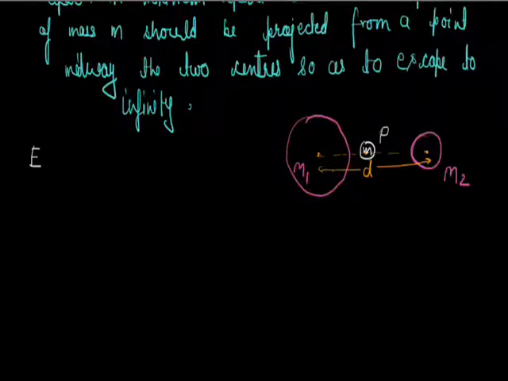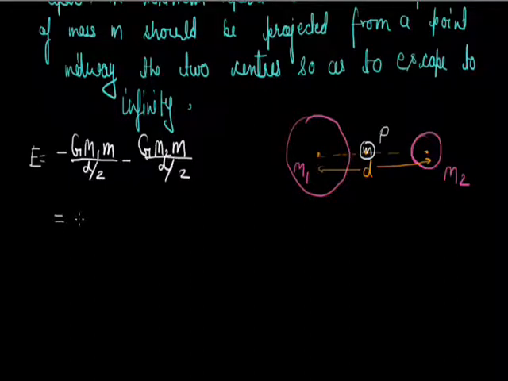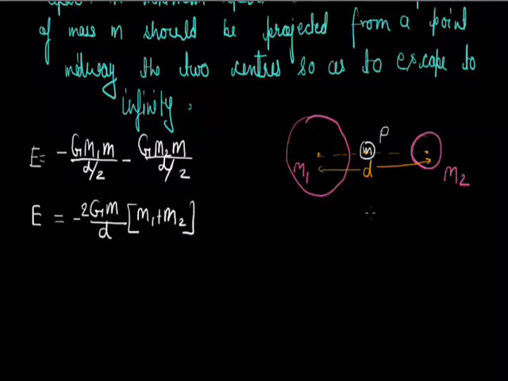So its potential energy due to m1 will be minus G m1 m upon d by 2, and due to m2 will be minus G m2 m upon d by 2. So net potential energy will be minus G m into 2 upon d in bracket m1 plus m2. This is the net potential energy of the particle at this point.